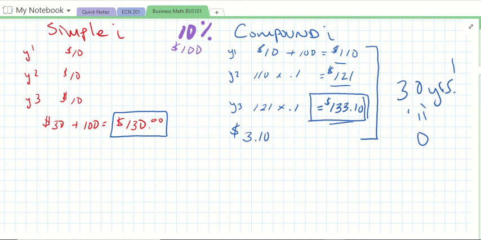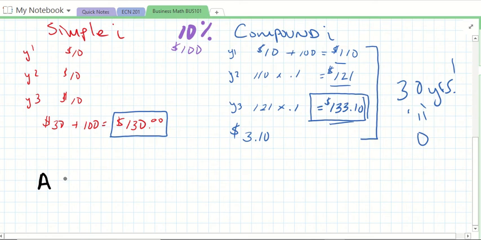Your total equals your principal times 1 plus your rate over the number of periods per year. And this one, we're just going to keep it simple. It's just going to be annually. So 1.